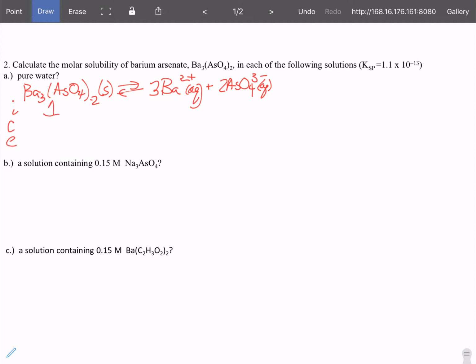So it's going to be 1, 0, 0, minus x, plus 3x, plus 2x, 1, 3x, 2x. Now this one's a lot more complicated than most of them.